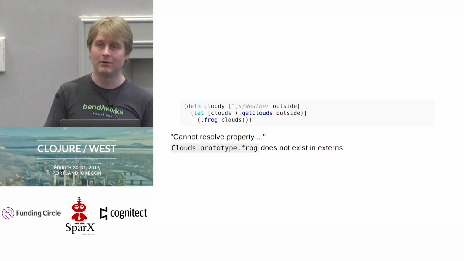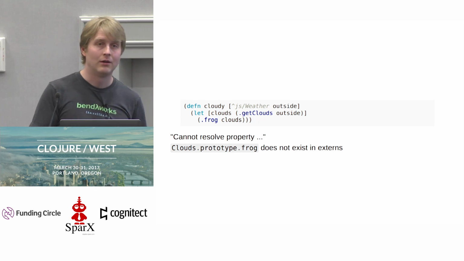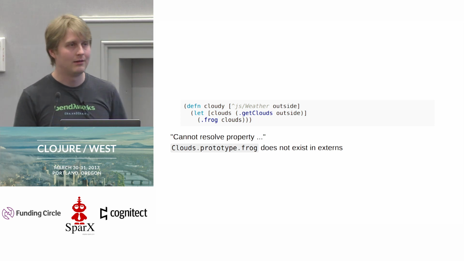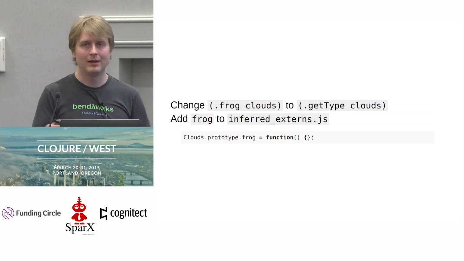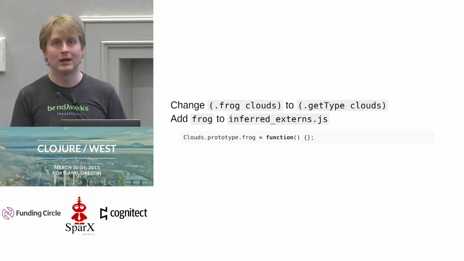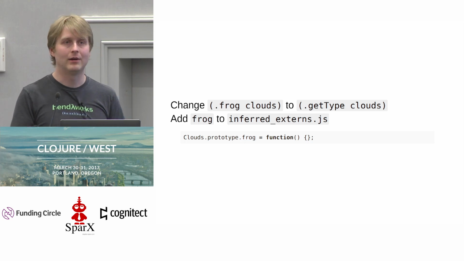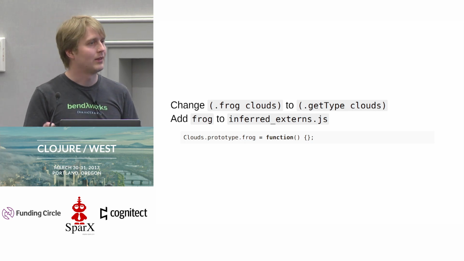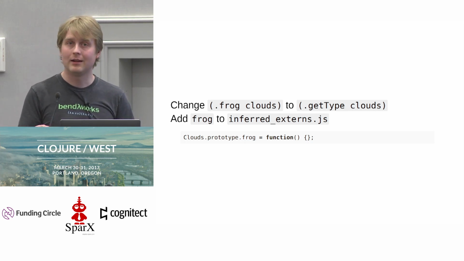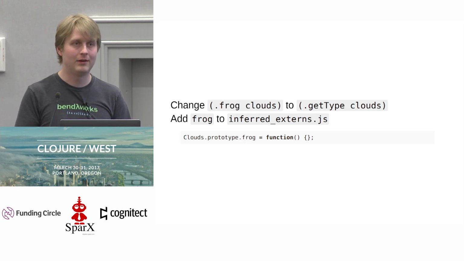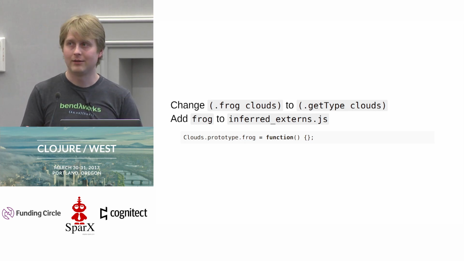So either you have a typo inside of your ClojureScript code or a typo inside of your externs. You have to resolve this. So we can either change frog to the correct method of getType, or we can add frog into our externs. And those are how we can help ClojureScript externs inference write externs for us.